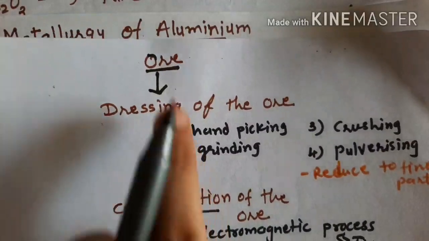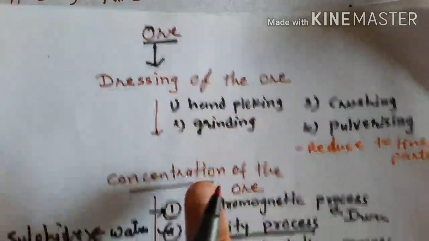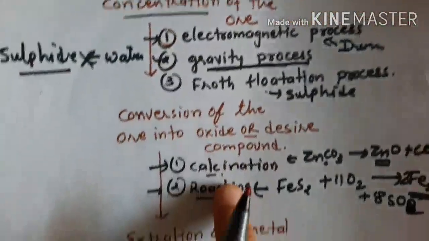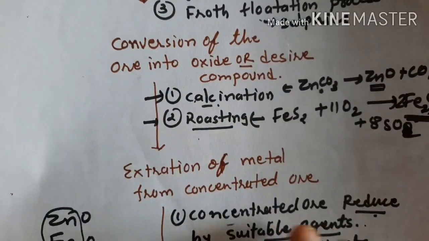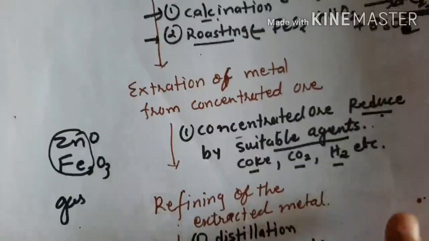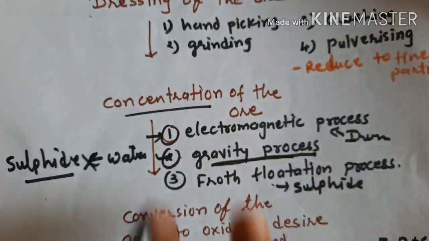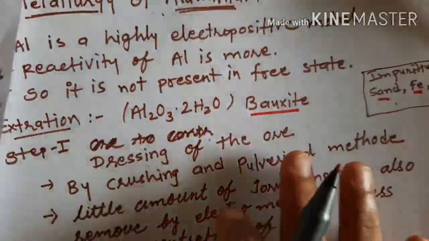First we do dressing of the ore, then concentration and conversion into the oxide, and after that we reduce it and can find the pure metal. We have to go through all this process to extract aluminium.